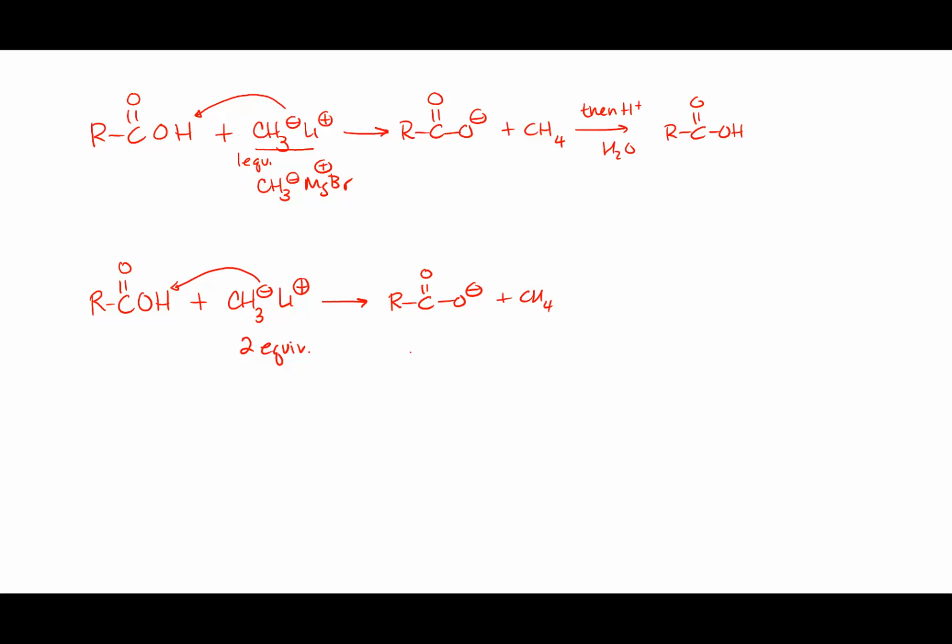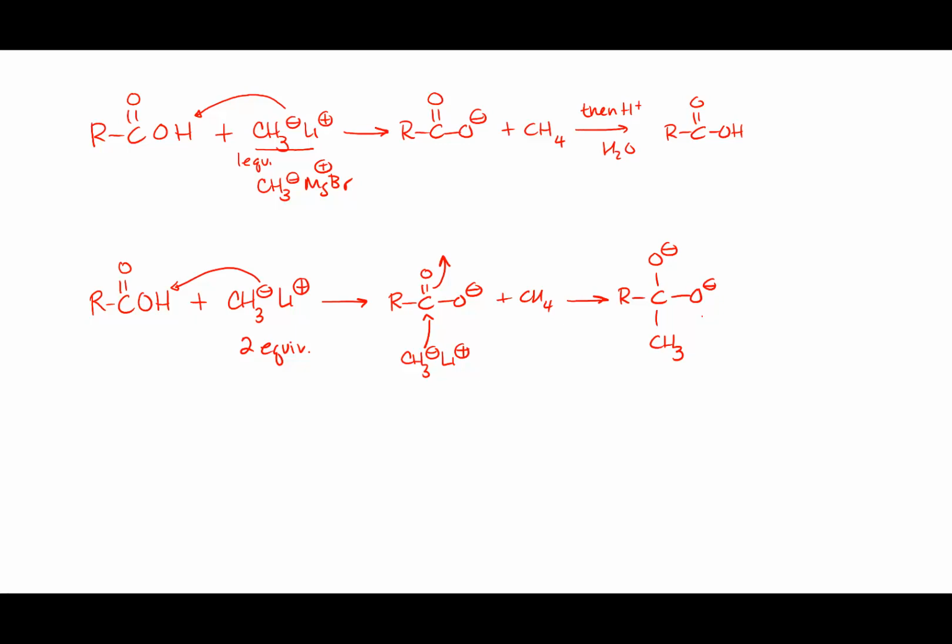Now, what would a second equivalent of Grignard do? A second equivalent of Grignard would actually attack the carbonyl. And we would form an O- to go with the other O-, but now I added the methyl group to the carbon.